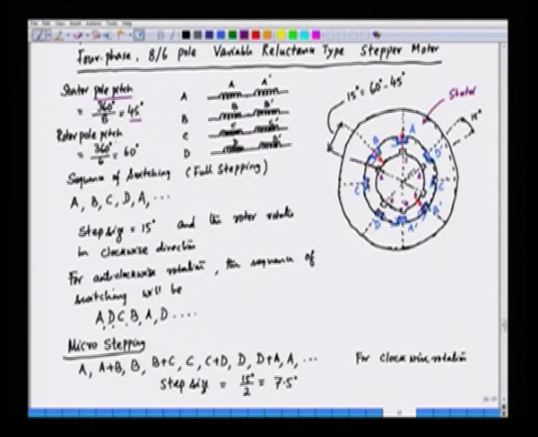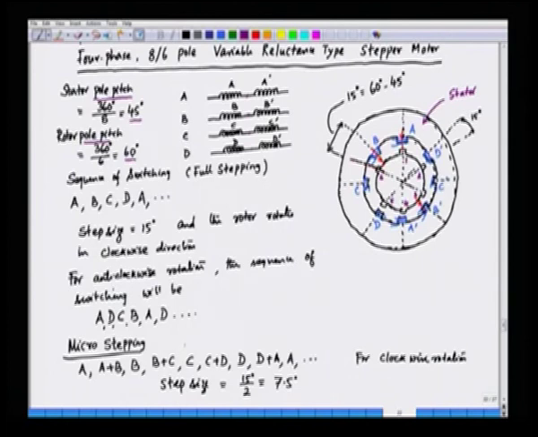The rotor pole pitch: we have 6 poles in the rotor, numbered 1, 2, 3, 4, 5 and 6. They are also salient poles, but the rotor does not have any winding. So, we have 6 poles in the rotor, and hence the rotor pole pitch is 360 by 6, which is 60 degrees.